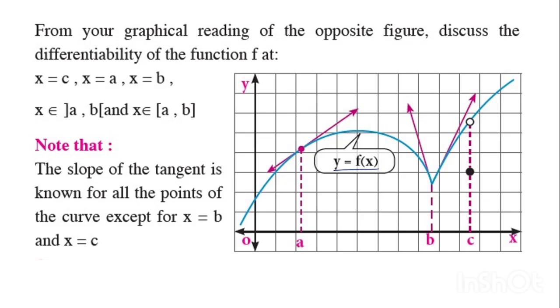We notice that at x equal b, the right derivative and left derivative are not equal to each other, and hence the derivative doesn't exist at x equal b, although the function is continuous at x equal b. At x equal c, the function is not continuous and the derivative doesn't exist at x equal c.